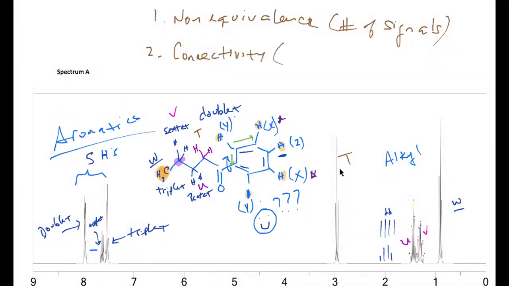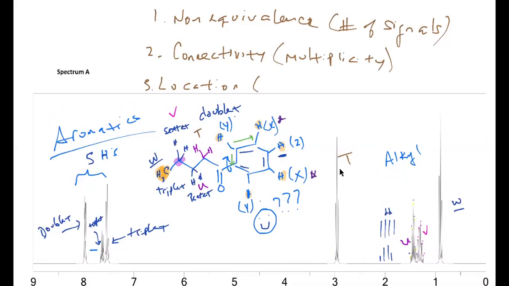Location. Good. Multiplicity, based on the connectivity. If it's connected to a carbon that has 2 hydrogens or 3 hydrogens, you're going to get different splitting patterns.